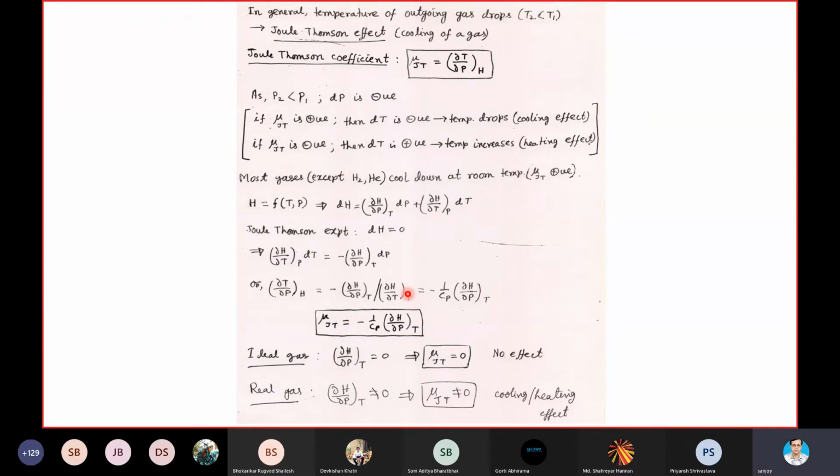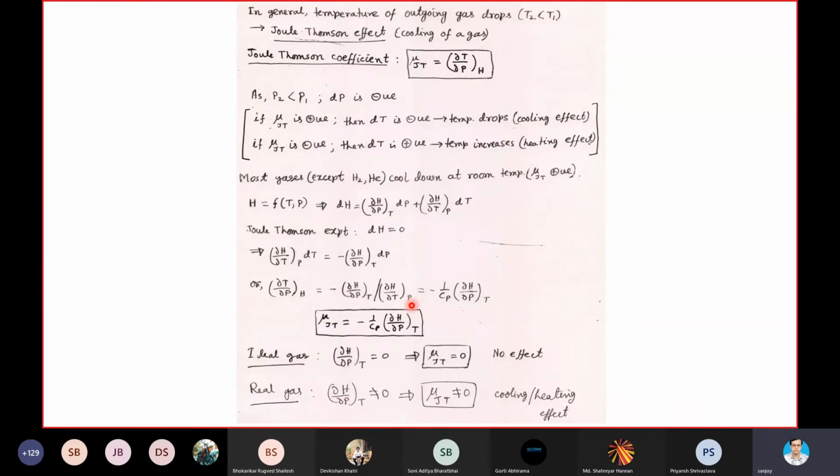I hope this part is clear to you. It is simple algebra. Now see, del T del P at constant H is nothing but mu. I found that expression on the left hand side. On the right hand side, what do I find? Del H del T at constant P is nothing but Cp, the heat capacity at constant pressure. You know that Cp equal to del H del T at constant P. We discussed that earlier.